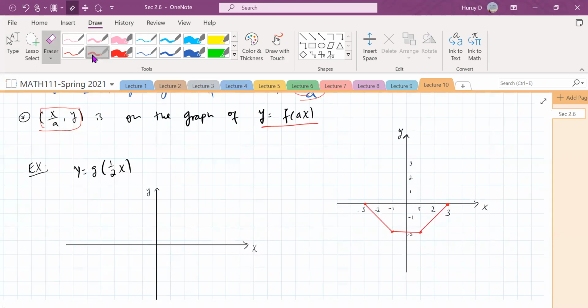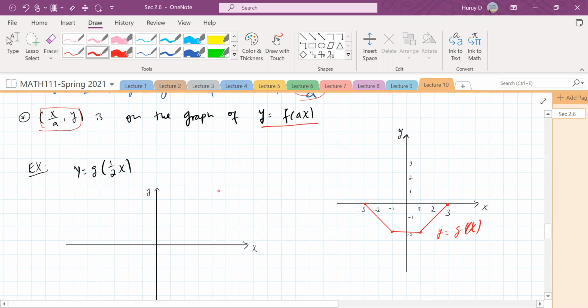Okay, so I have this, and this is y equals g of x. We don't know what the function is, but we have the graph of that function, and this is the graph of the function.